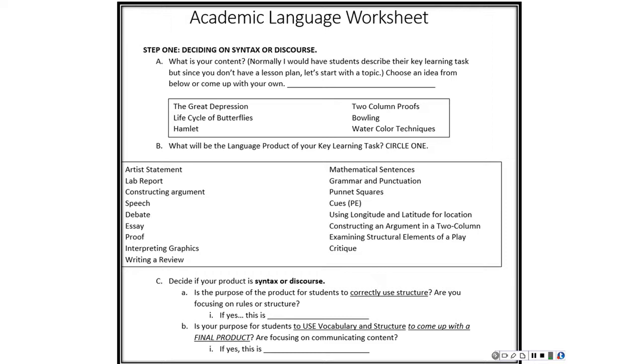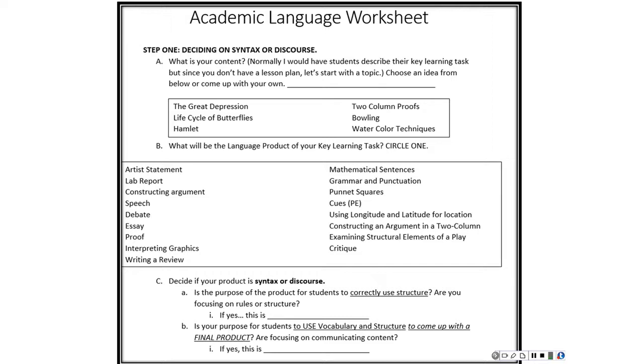They're always deciding the purpose of what they're doing. And no one knows that purpose but you. You're the one that decides when you assign a lab report whether it's to communicate the results of the experiment or if it's to demonstrate that they understand how to apply the rules that you've asked for.